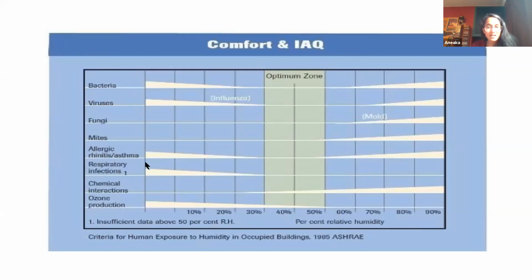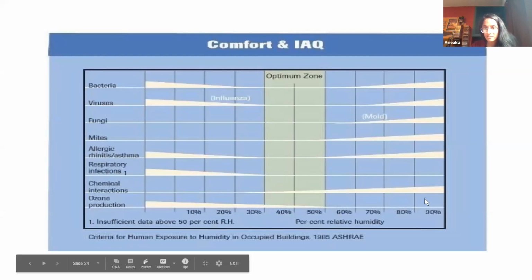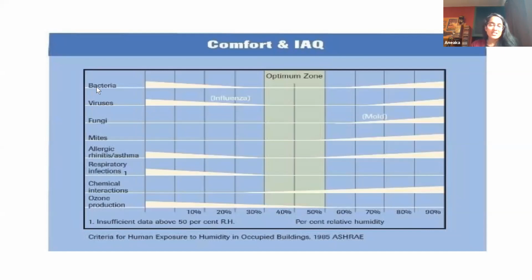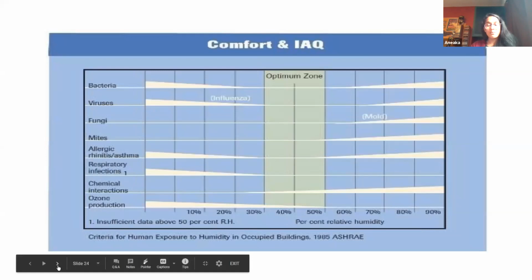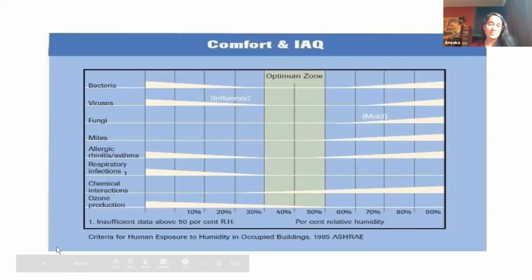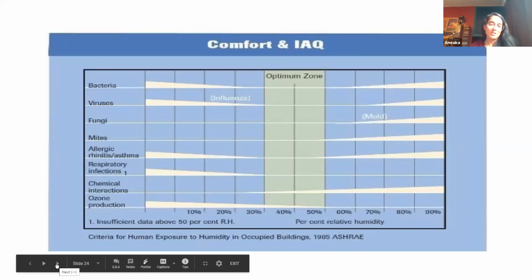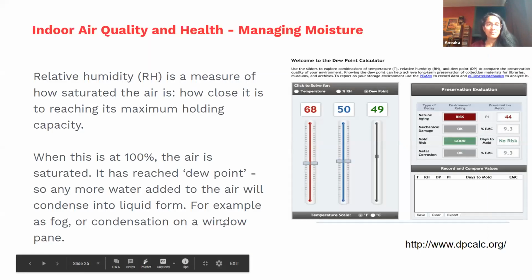And you can see that very dry environments and very wet environments are where these kinds of issues really thrive, and there seems to be an optimum zone of around 40 to 60, 65% in which these interactions have less impact. So that really helped me when I first looked into this, to understand why relative humidity is so important and why those numbers are so important.